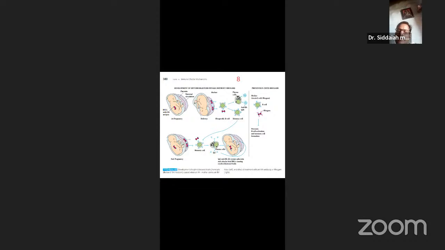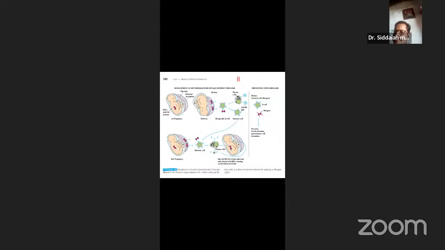So in the second delivery, the blood group must be the same as the first baby's blood group. For example, as we have studied in intermediate education, when marriage occurs between an Rh plus male and an Rh minus female, the expected blood group of the baby will be Rh positive.